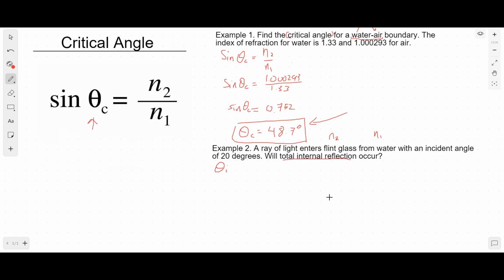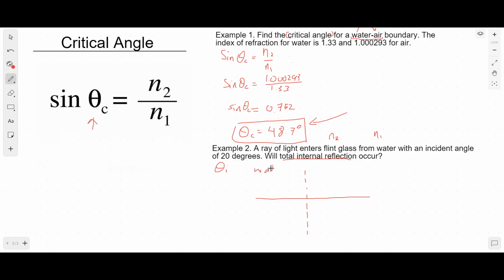The conditions for total internal reflection are if the first medium is more dense than the second medium, and if the angle is greater than the critical angle. So what we have is a ray of light entering flint glass from water.